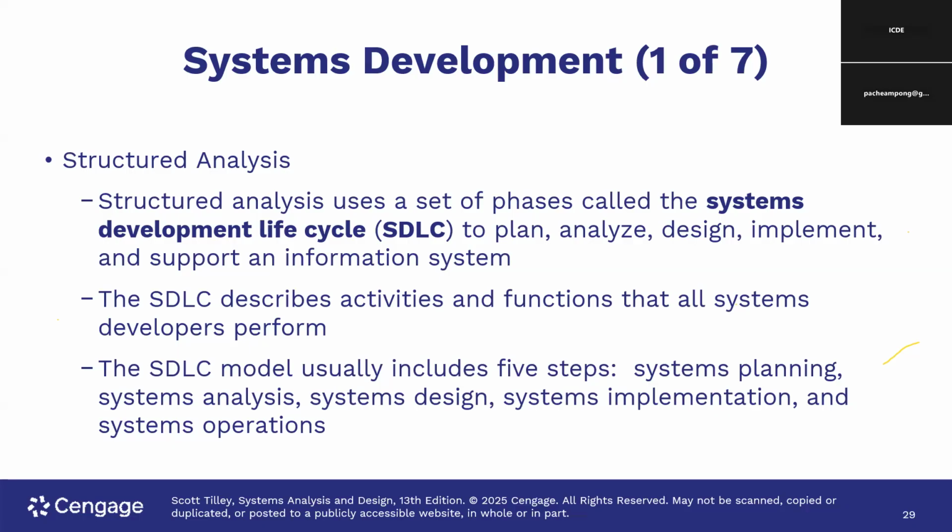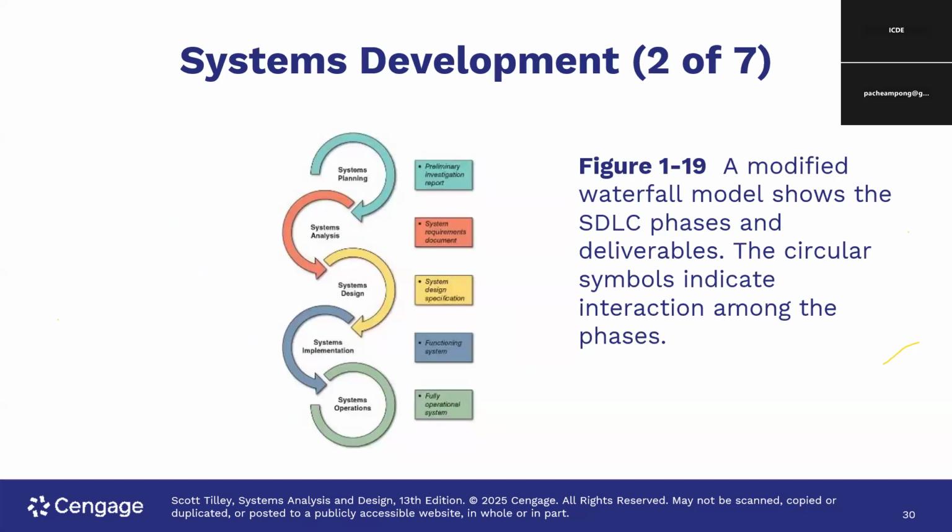So the SDLC describes activities and functions that all system developers can perform. And this SDLC model includes 5 steps: systems planning, analysis, design, implementation, and then operations. This is an example of a modified waterfall model, showing the phases and deliverables.